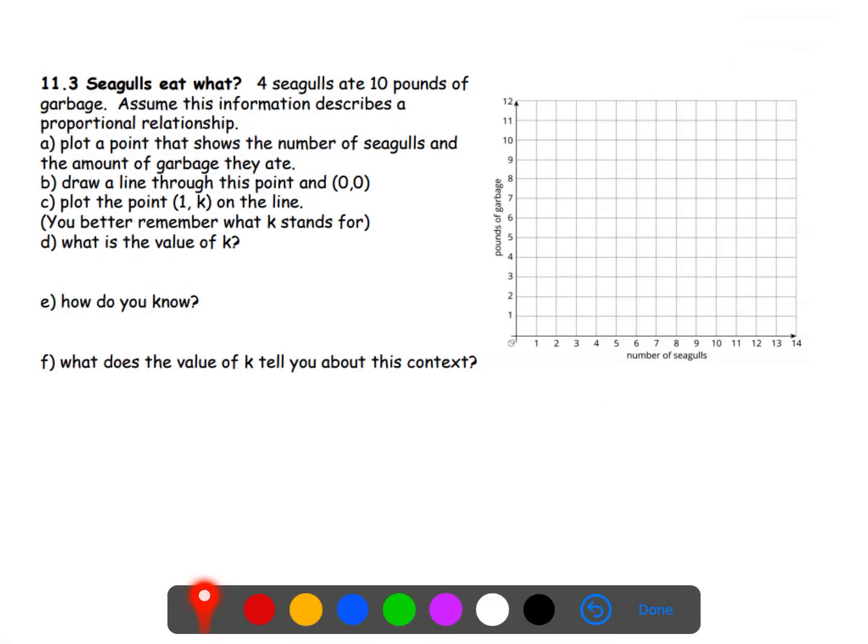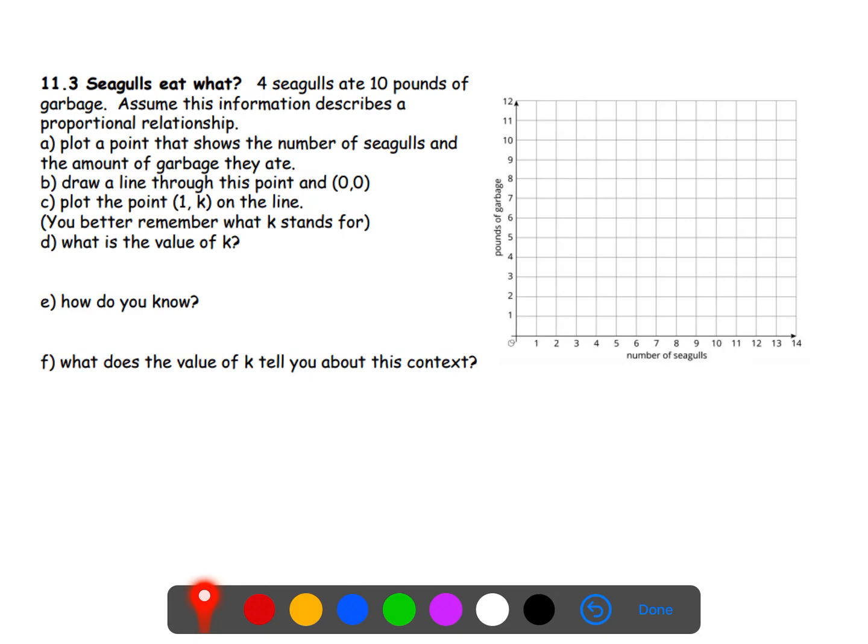Let's complete the graph to answer our questions and continue on. We know we've got a proportional relationship, so our graph is going to have a straight line connected at the origin here. And if we look at the first part, it says plot a point that shows the number of seagulls and the amount of garbage they ate.